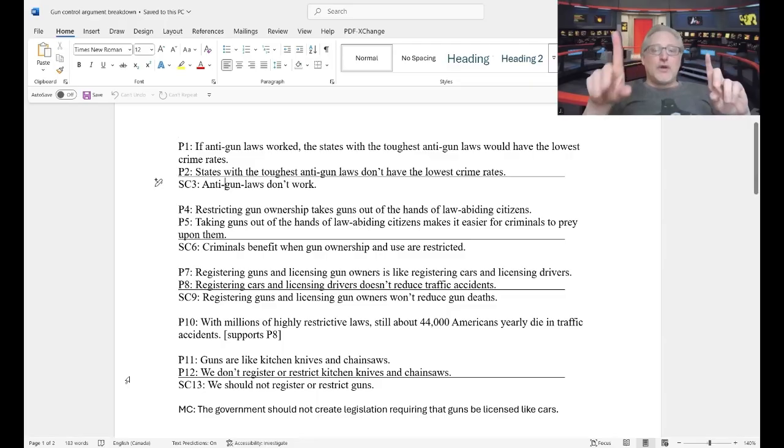There's only one instance here where the relationships of inference between the premises is not represented by the standard argument form structure, and that's P10 here. And here I just put in brackets that it supports P8.